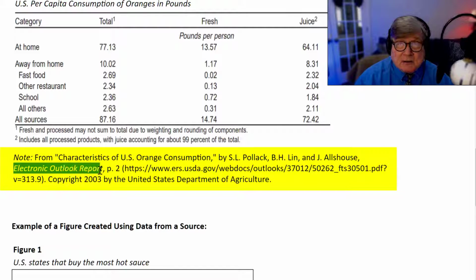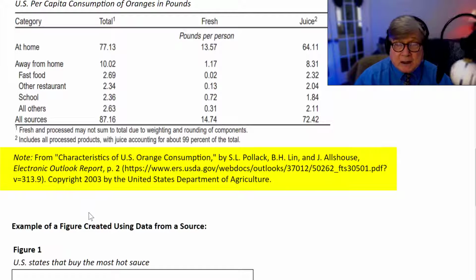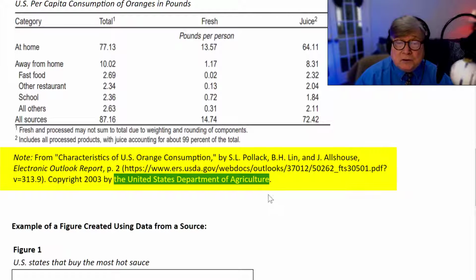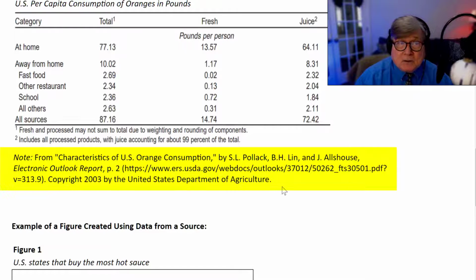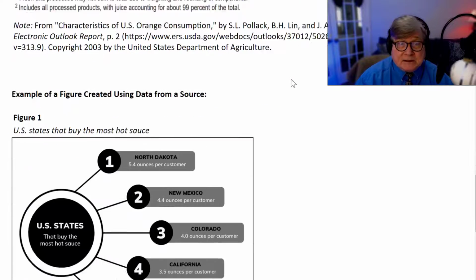The title of the publication, the page number, and the retrieval information. And then comes that copyright statement. And all copyright statements are the same. Copyright, then you put in the year, and then you write in the word by, and then you put in who holds the copyright. So that is a reprinted table. I copied and pasted it.